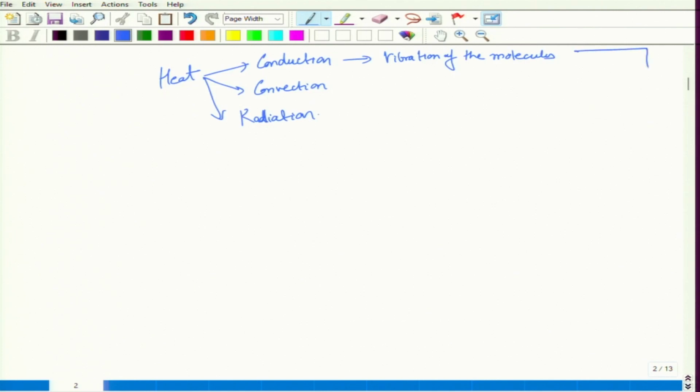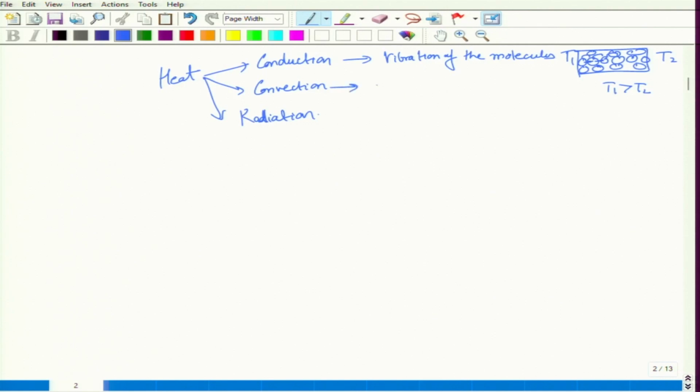Suppose it is a solid body; at the microscopic level these molecules are arranged like this, and some temperature gradient is there such that T1 is greater than T2. Due to this there is a vibration between these particles, and the energy is transferred from this to this, this to this, and so on. That is what we call conduction.